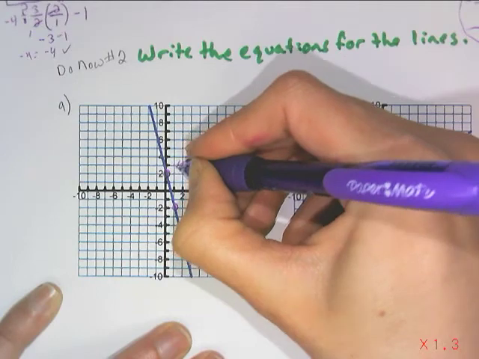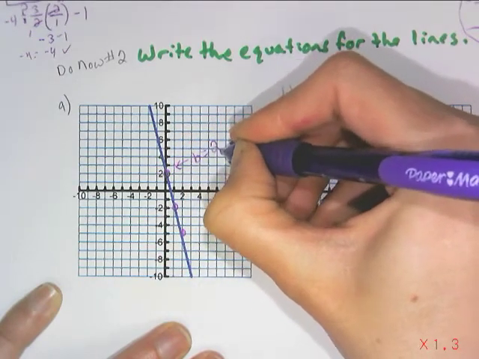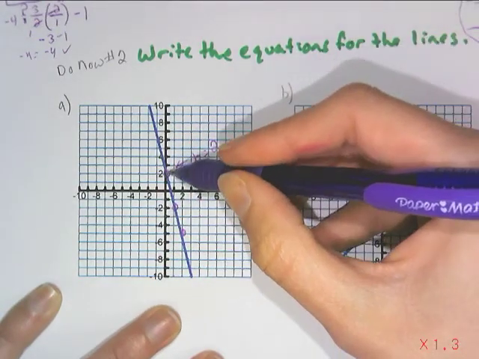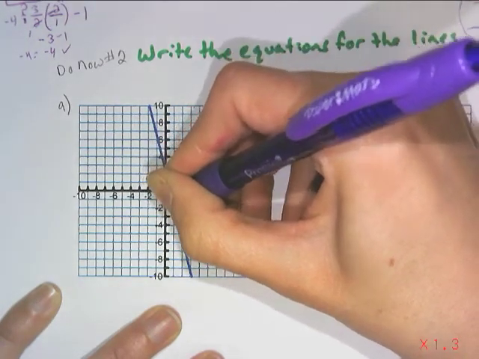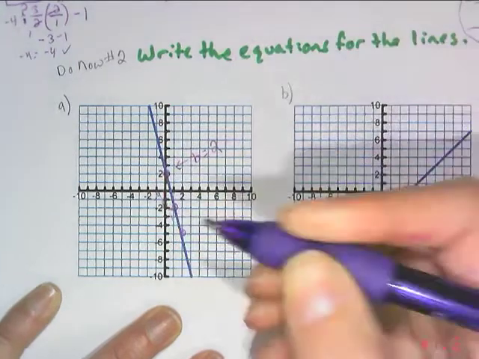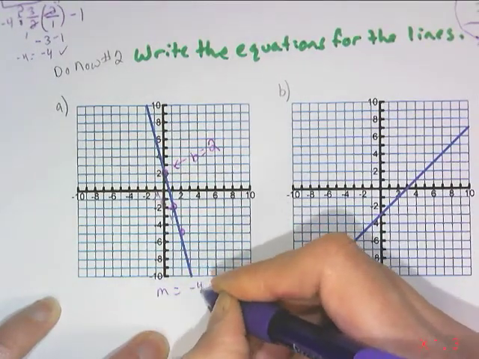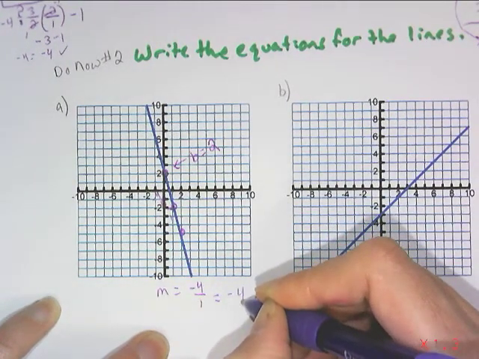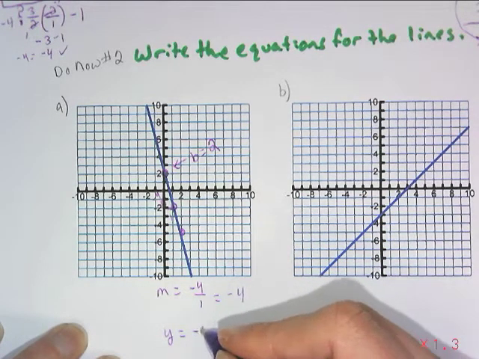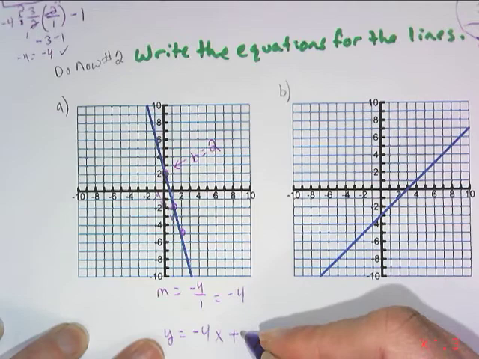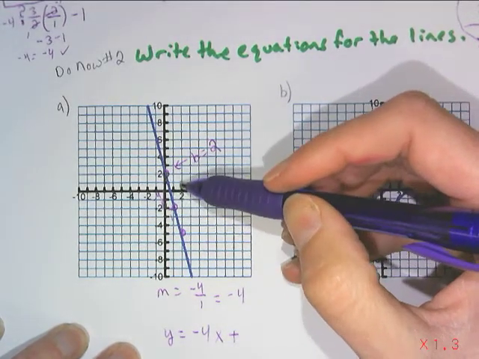So your intercept b is 2, and then the slope triangle is going to be below it. So from here to here, I go down 4 over 1. So your slope is -4/1, or simply -4. So when you put those two together, we have y is equal to -4x plus 2.